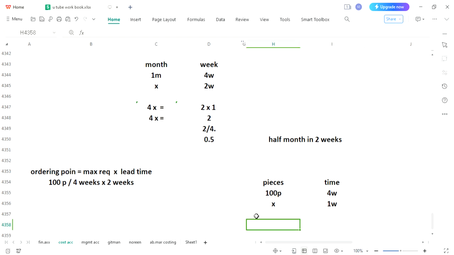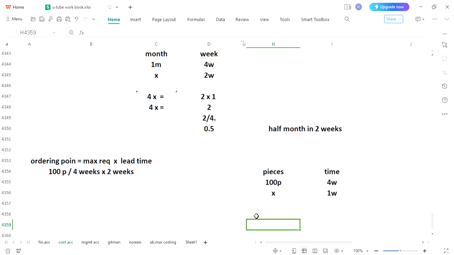Why are we choosing 1 week? As I have told you, when you ask any shopkeeper, the rate would always be for 1 unit: 1 liter, 1 pound, 1 kg, 1 meter, 1 kilometer. Now cross multiplication would start. X would be multiplied with 4, so we have 4x, and 1 would be multiplied with 100, which is 100.